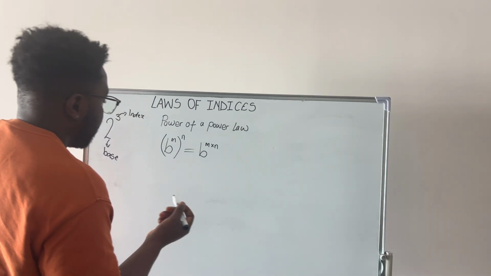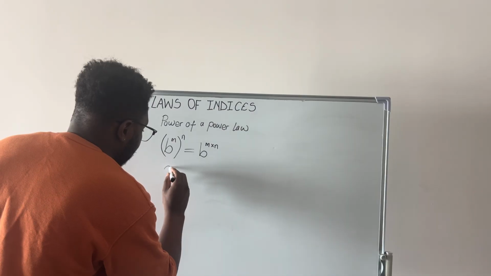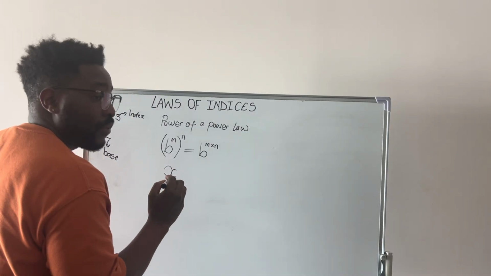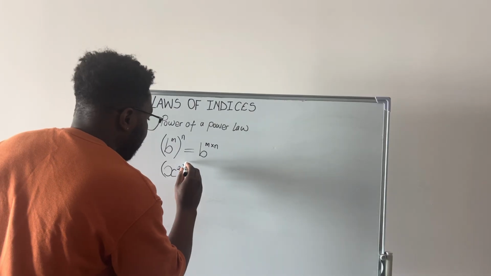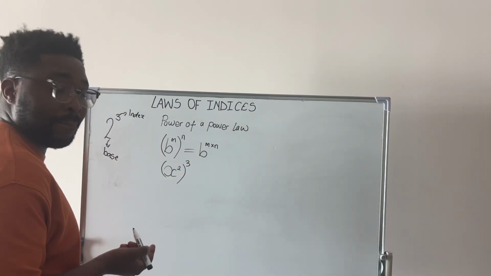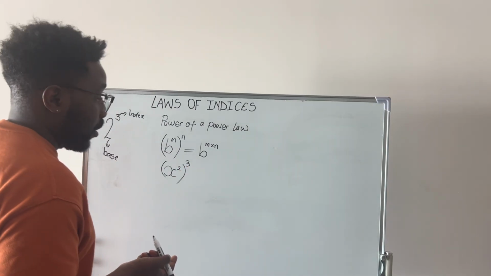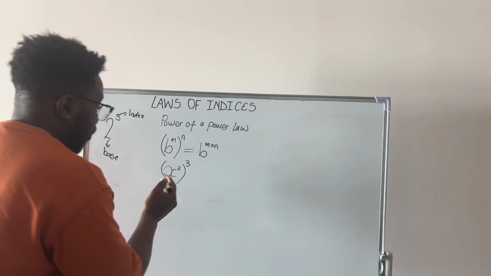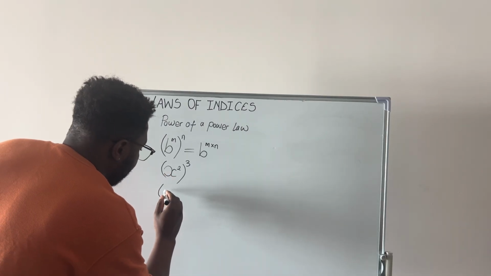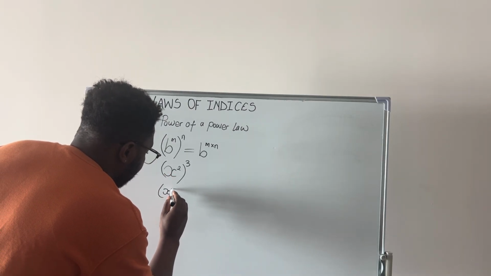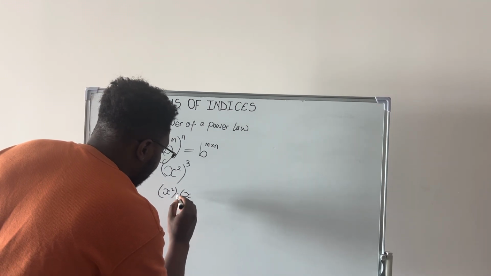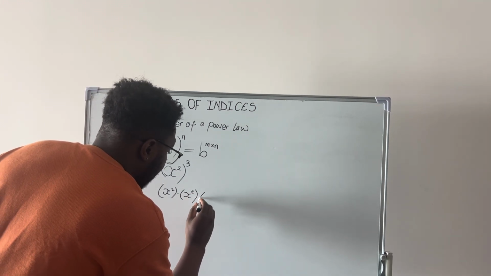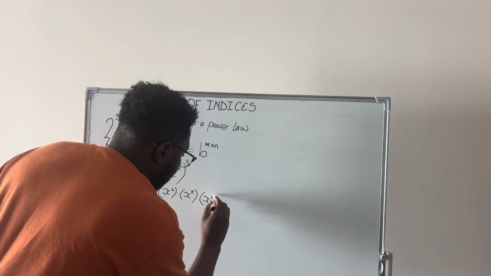Let's say we have x raised to power 2 and also raised to power 3. That means we have x raised to power 2, another x raised to power 2, another x raised to power 2.